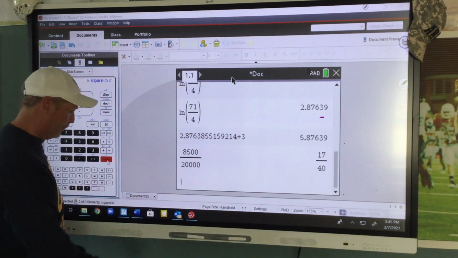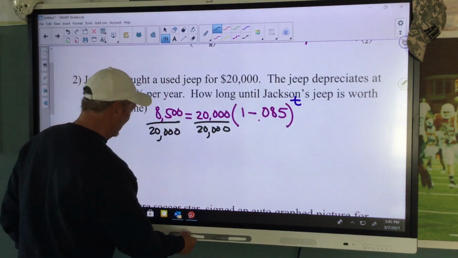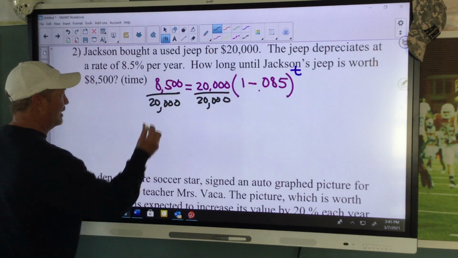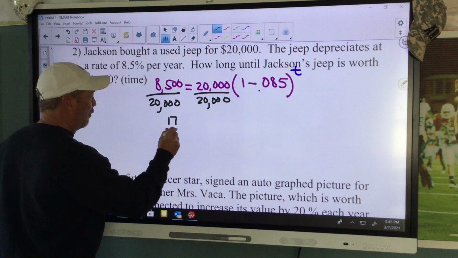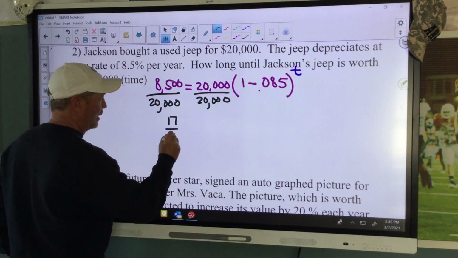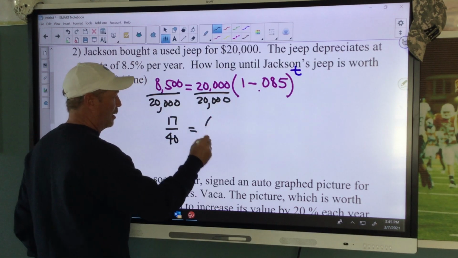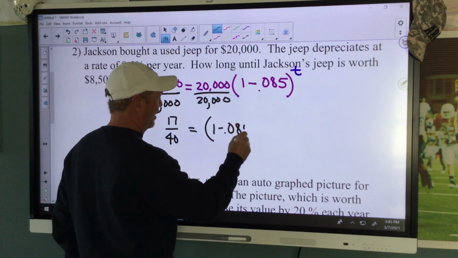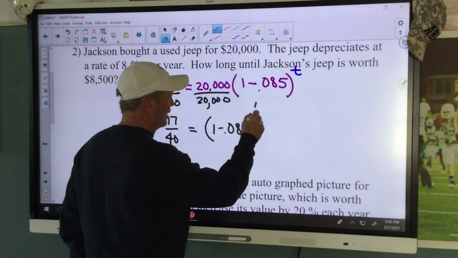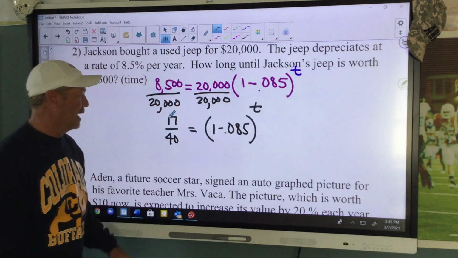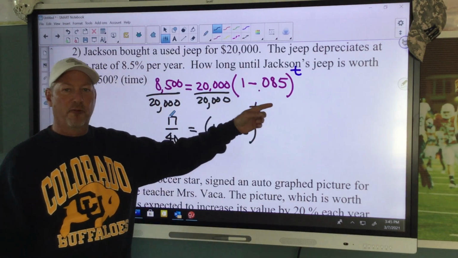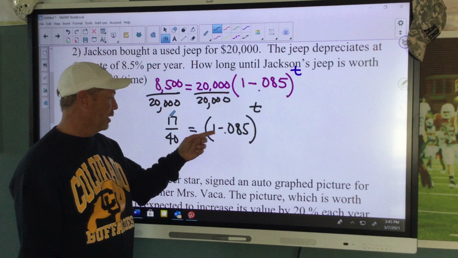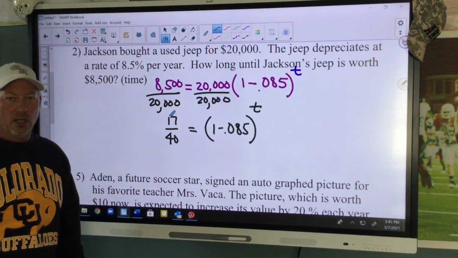17 over 40. So back here this says 17 over 40 equals 1 minus 0.085 raised to the t. Okay? Now we have an exponent. We're going to solve for a variable that's an exponent. We're going to ask you to convert to log.